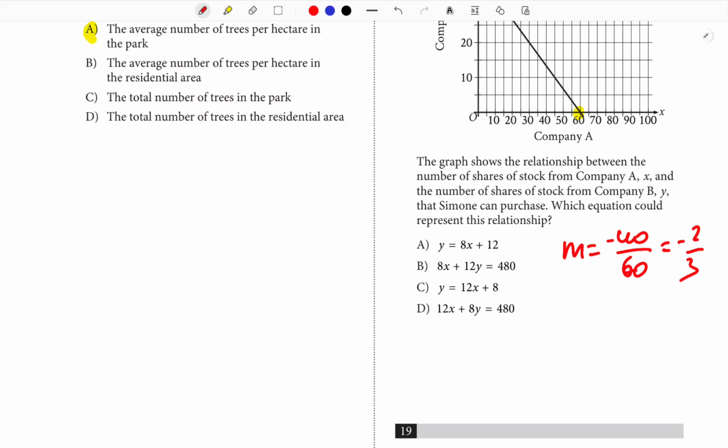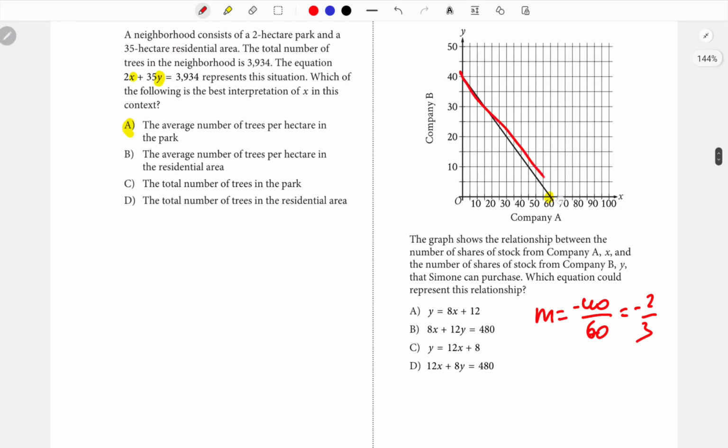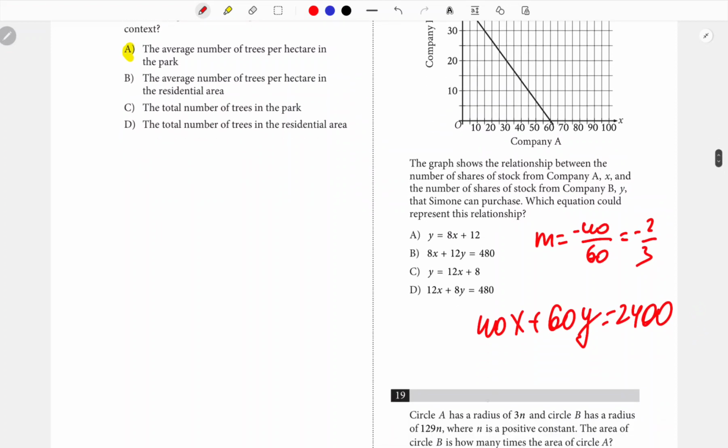Okay, which equation must I find? Okay, 4 times 60, 4x plus 60y is equal to 40 times 60, 2400.